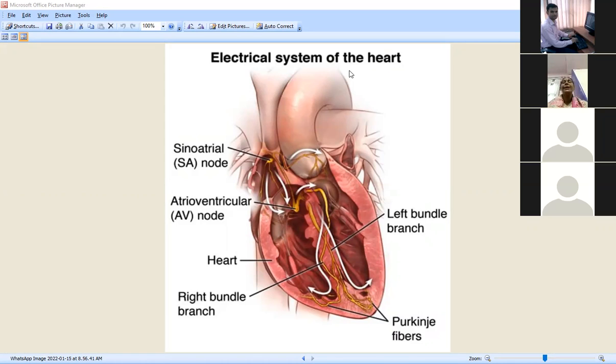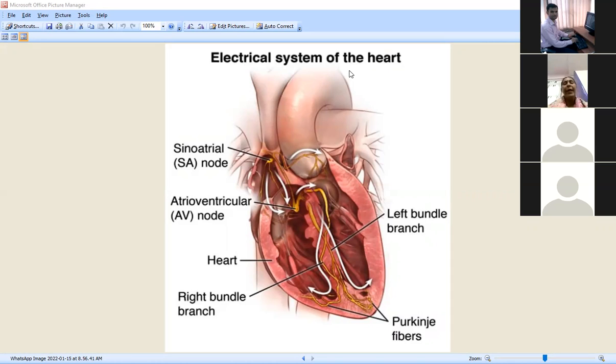As the SA node is the pacemaker, it is present, you can see on screen, at the top of the right atrium, and it starts giving a signal. Due to this signal, the contraction of the atria happens. So the SA node is the pacemaker.